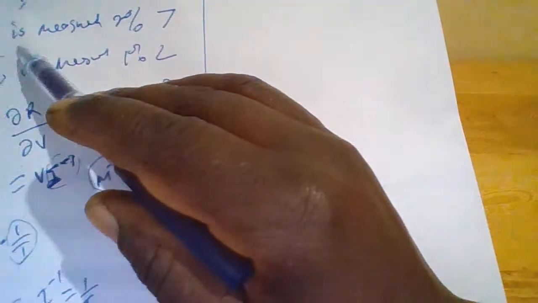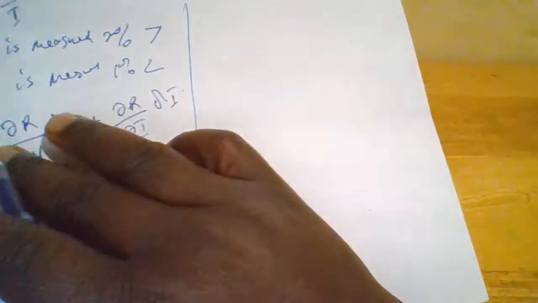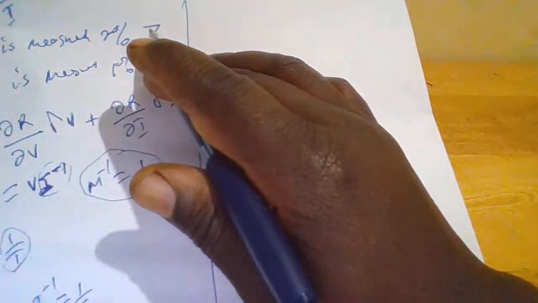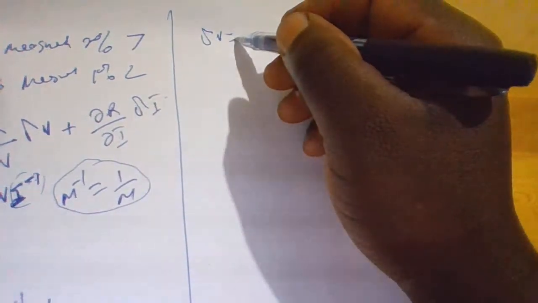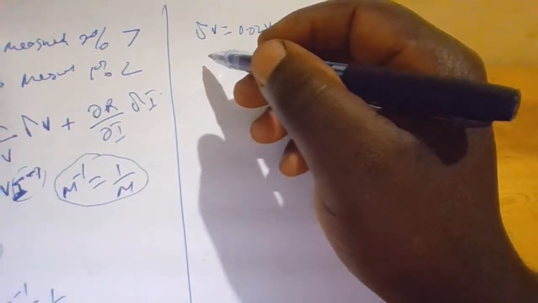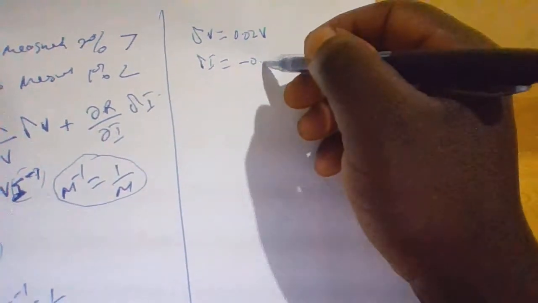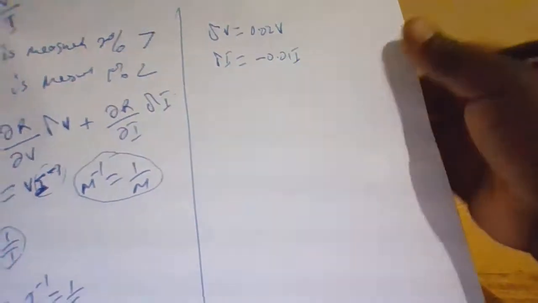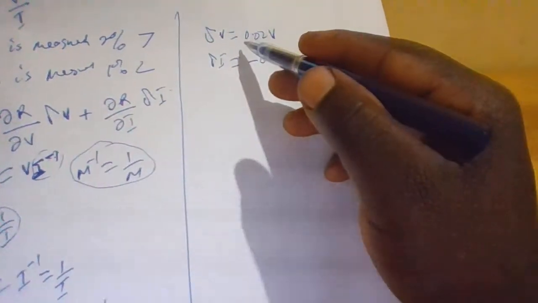Now, V is measured 2% greater, so del V will be equal to 0.02 of voltage, and del I will be equal to minus 0.01 of current. So we can substitute in this formula.